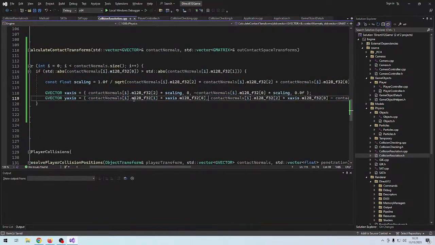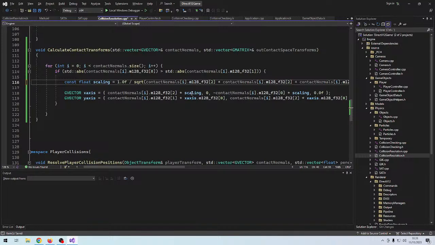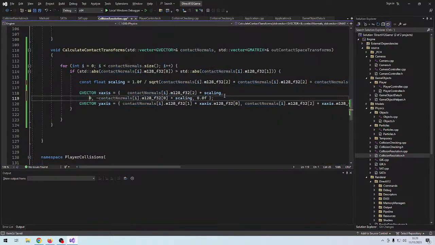Well, we could do something like this to make it more readable.